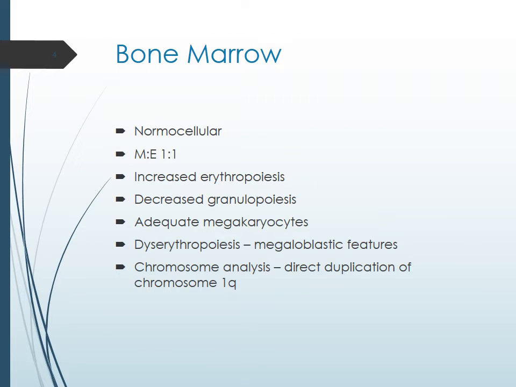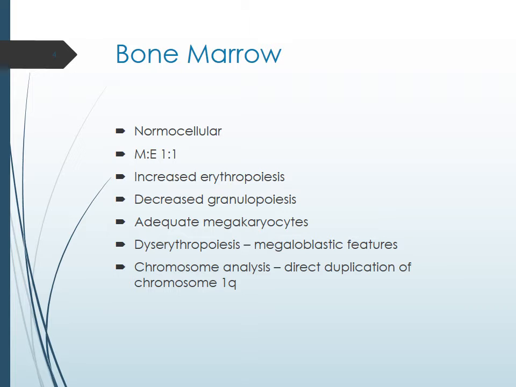Now, the bone marrow for this patient is normal cellular with a myeloid to erythroid ratio of 1:1, and adequate megakaryocytes. Erythroid components are dysplastic with megaloblastic features, again as we saw in the earlier slide. Chromosome analysis indicates a direct duplication of chromosome 1q, the long arm.